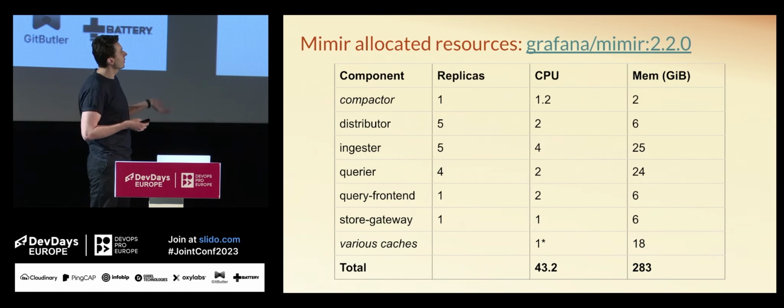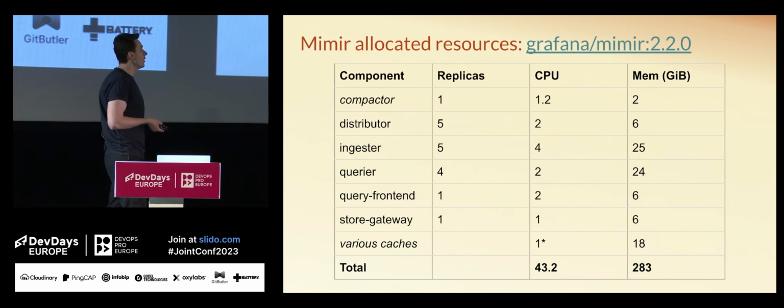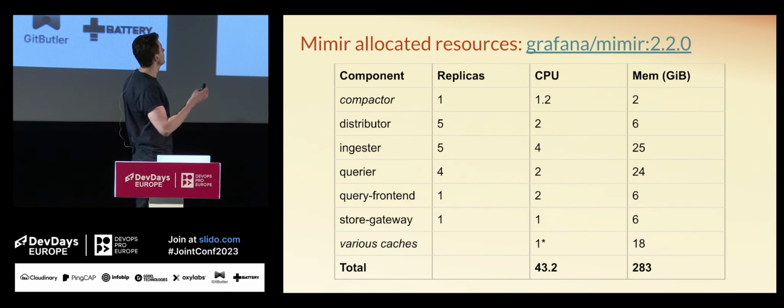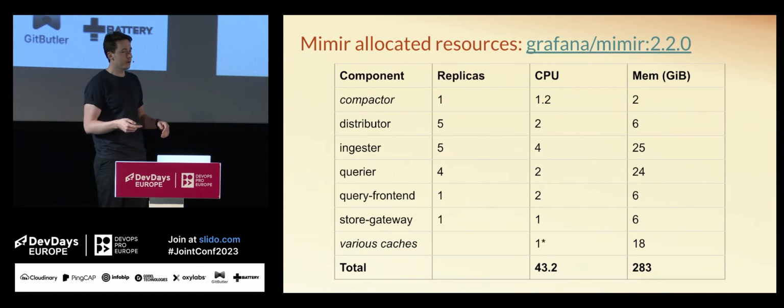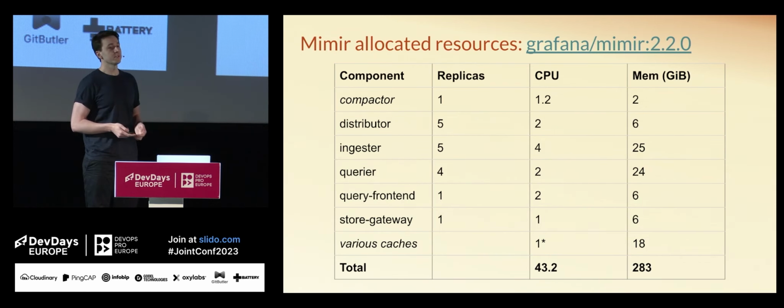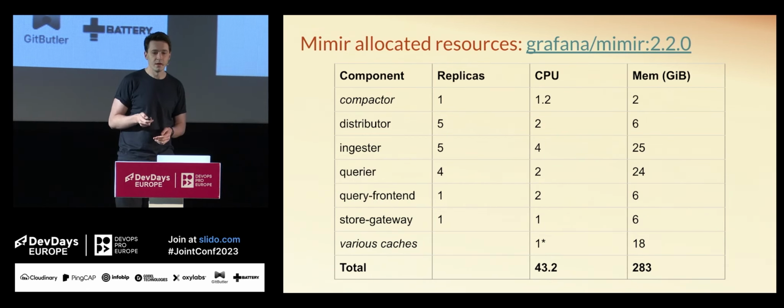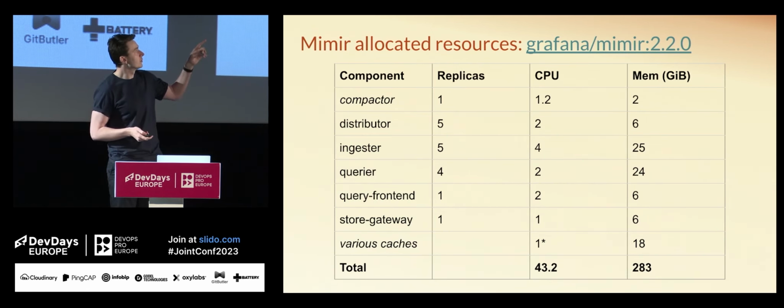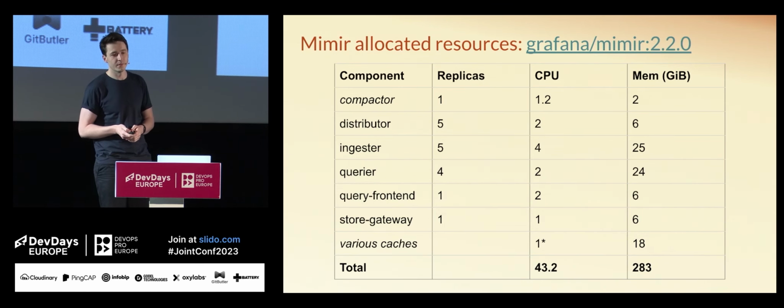And also 4 replicas of queriers, which have each 2 CPU, 24 gigs of memory, and the rest of the resources allocated for caches, store gateway, etc. So in total, in this benchmark, Mimir got 43 CPUs and 283 gigs of memory. Okay. And yeah, we used 2.2 version of Mimir.